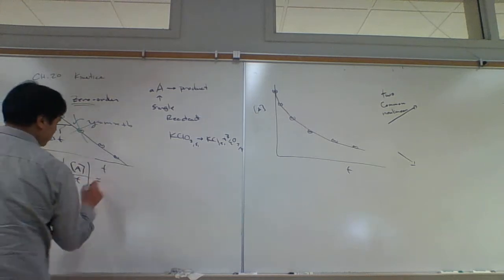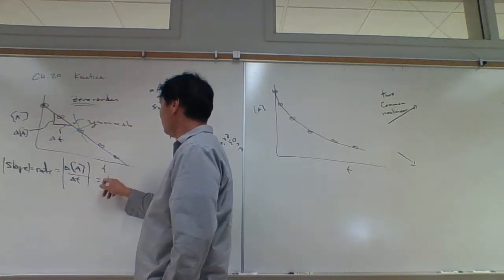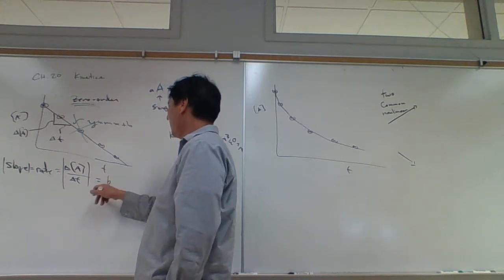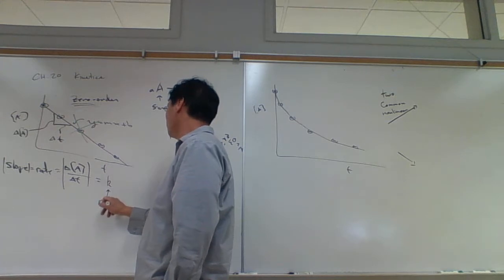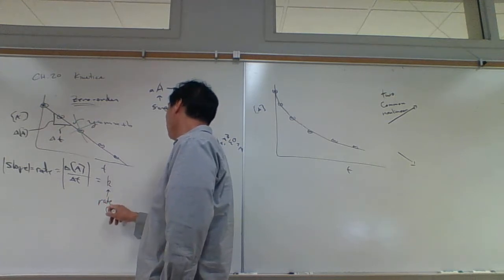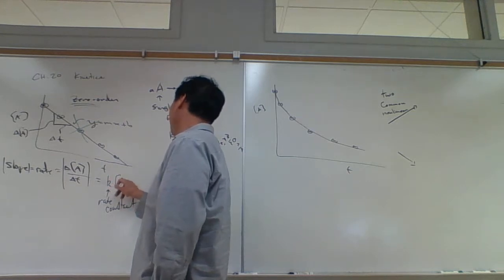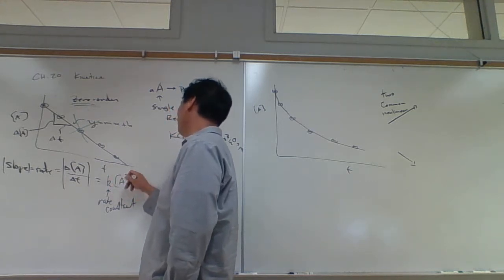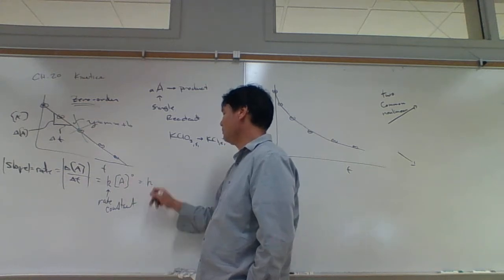And if we see how that depends on the concentration, the way we write that is by this. We have that equal to k, which is called the rate constant, times the concentration of A raised to the 0th power. The concentration of A raised to the 0th power is just 1.